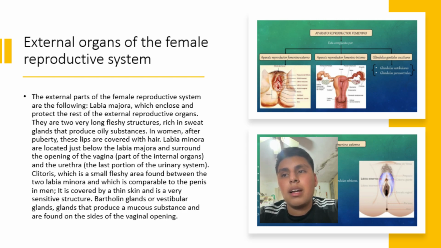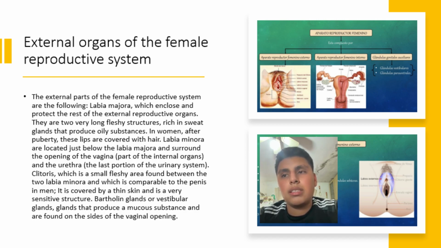In women, after puberty, these lips are covered with hair. Labia minora are located just below the labia majora and surround the opening of the vagina, part of the internal organs, and the urethra, the last portion of the urinary system.